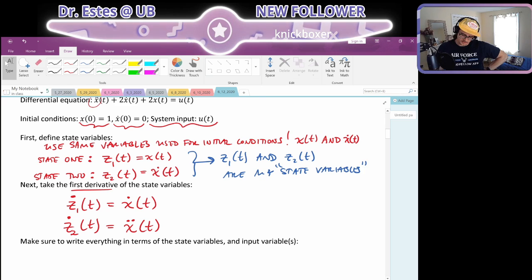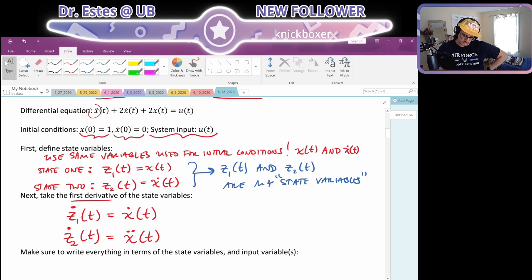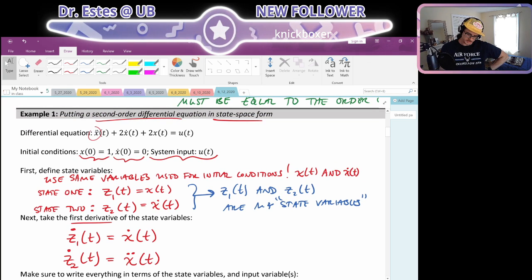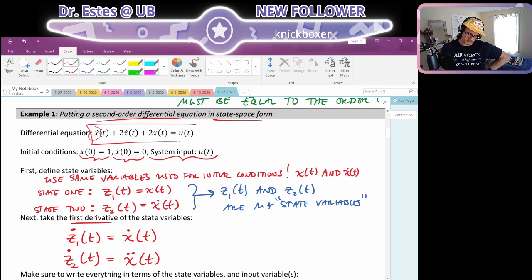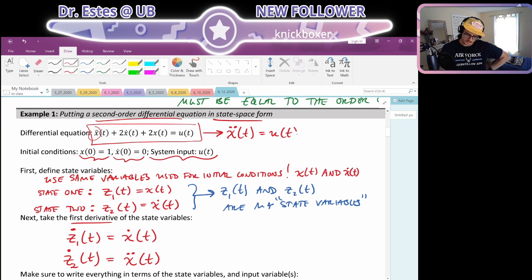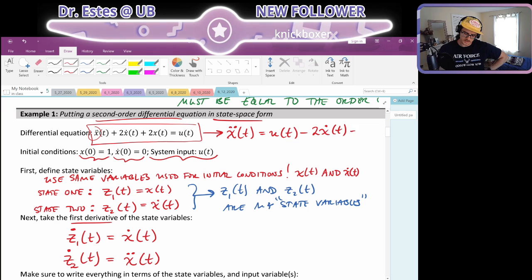But notice this. From our differential equation up here, I know that x double dot of t is equal to u of t, and then if I move that other stuff to the right hand side, minus 2x dot minus 2x of t, right?